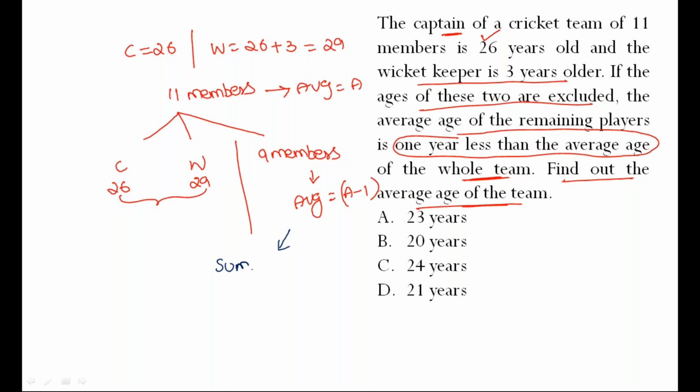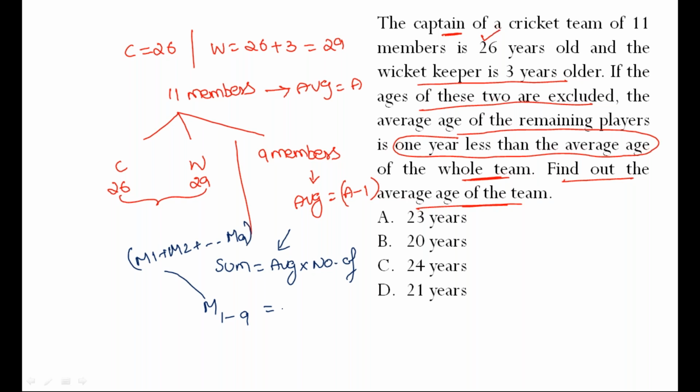Just concentrate here. I don't want to write all 9 members M1, M2, M3 like that. Previously for 4 days' temperature I wrote T1 plus T2 plus T3, but now I have 9 members. I'll just write M1 to 9. What is M1 to 9? Meaning M1 plus M2 plus so on up to M9.